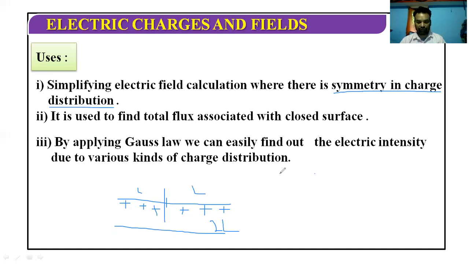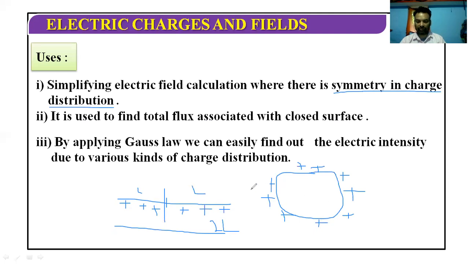Let me take a sphere. अब इस स्फीयर के ऊपर चार्ज है. Charges are distributed over the sphere. Imagine it's a three-dimensional sphere. Here it looks like a circle, but imagine it is three-dimensional.